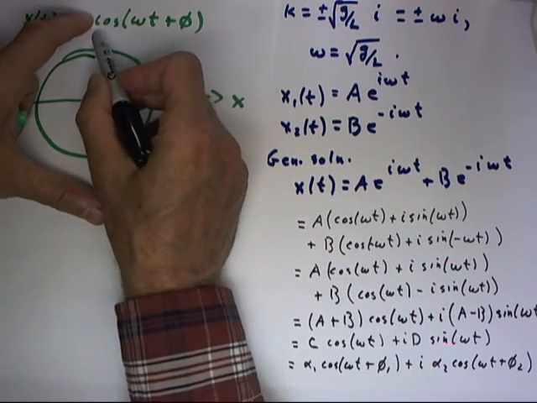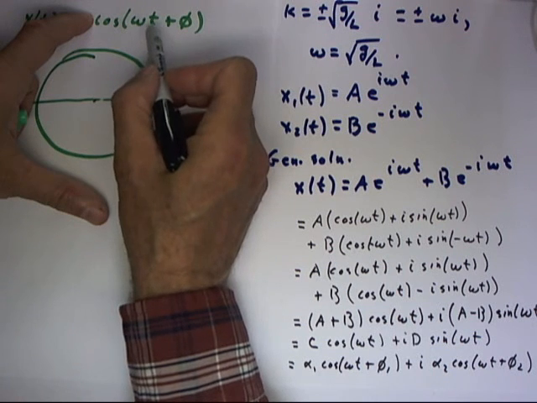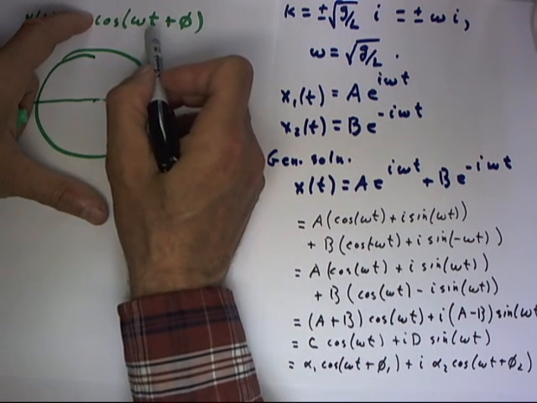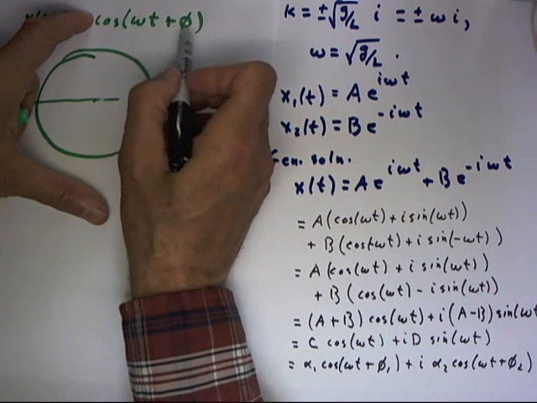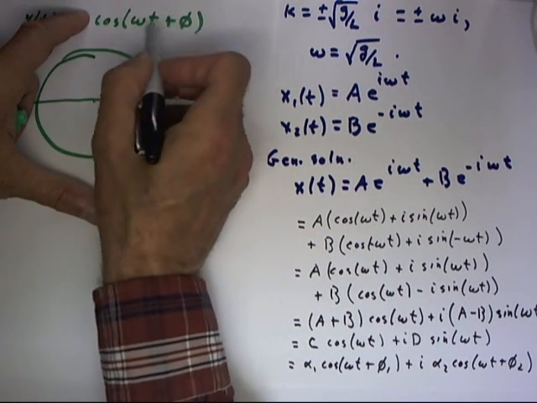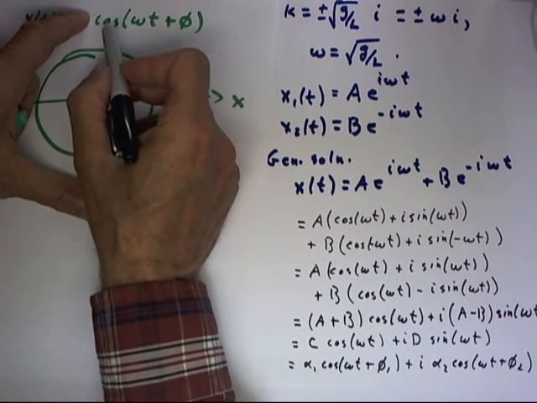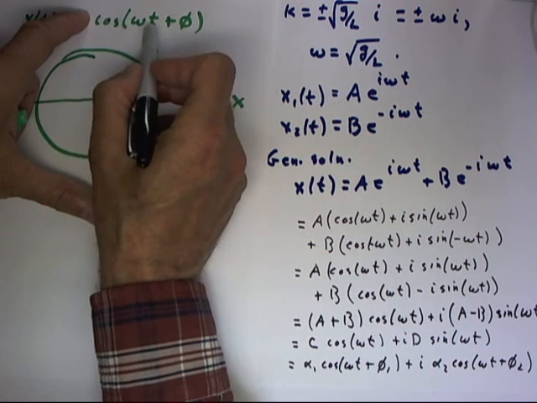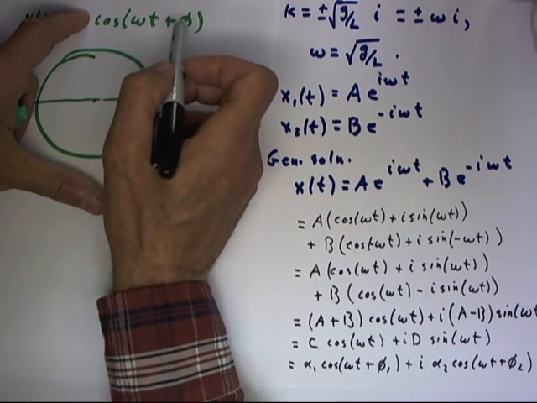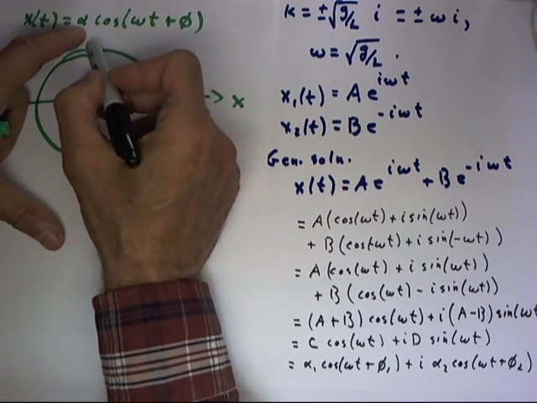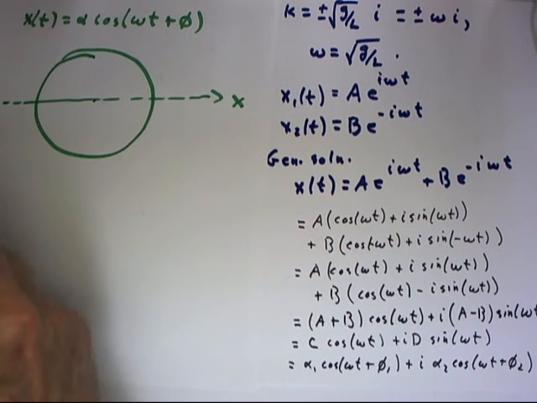The cosine of omega t plus phi, where t is interpreted as time, omega t plus phi can then be any real number. T could be a positive or a negative time, so that the cosine is going to oscillate. It's going to have a maximum value of 1, a minimum value of negative 1, so that the x of t function will have a maximum value of alpha, a minimum value of negative alpha.